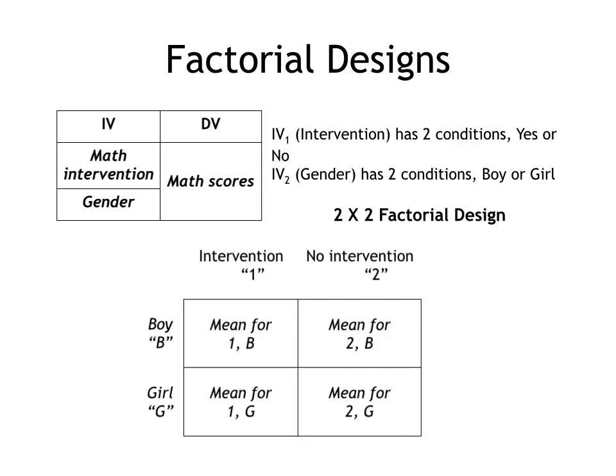So I've taken these randomly assigned children, and I've randomly assigned them to either an intervention or not. But then inside those groups, I've pulled out the scores for whether they are boys or whether they are girls, so that I have 4 distinct mean scores to compare.